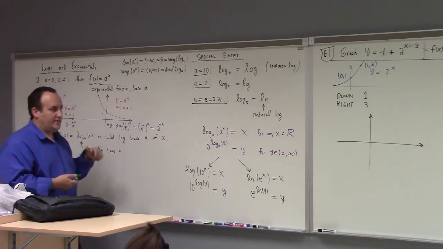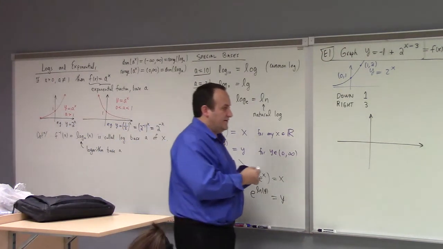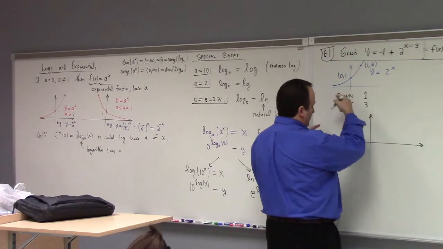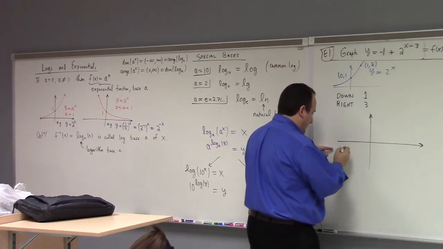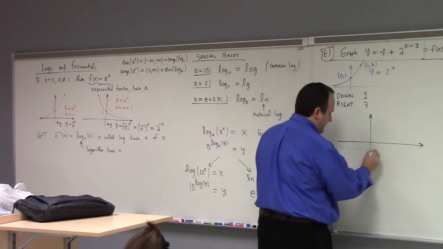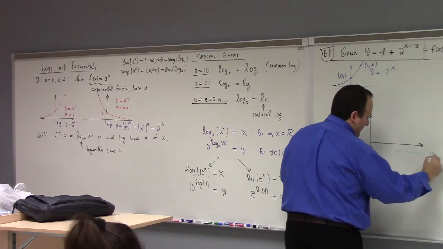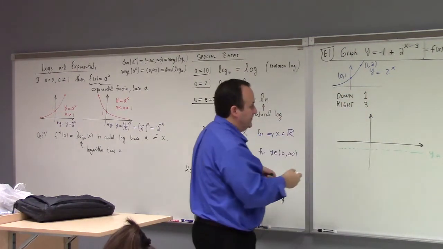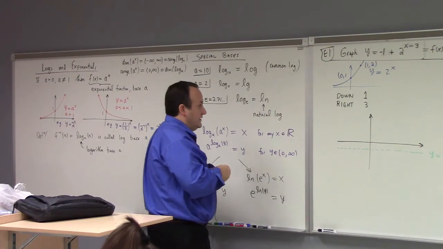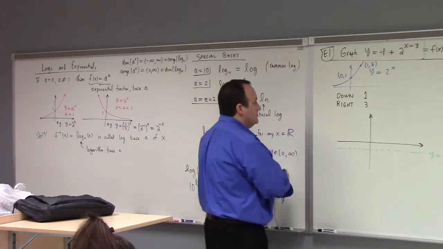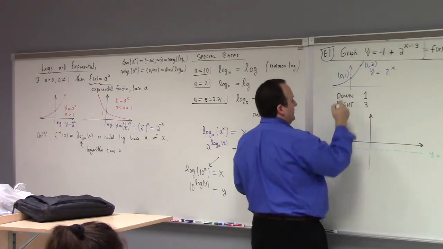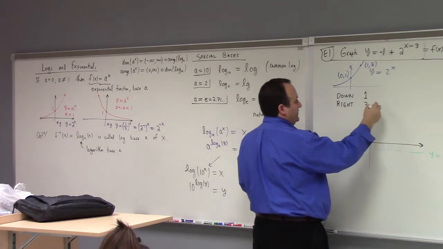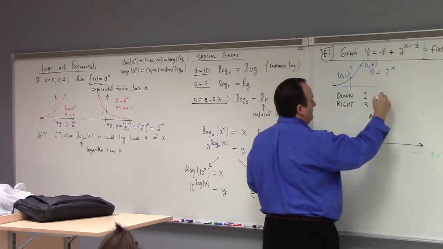But one way or the other, it's going to go to 0, either to the right or to the left. So this one, down 1. This is kind of like my base for the graph, so this behaves like the x-axis does. I go down 1 and right 3. So this would take (0, 1) to where?